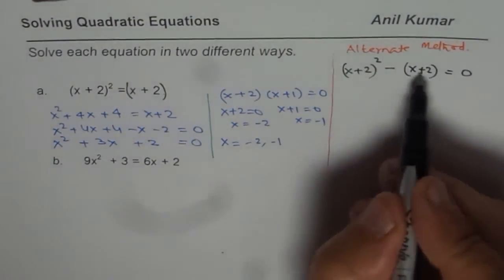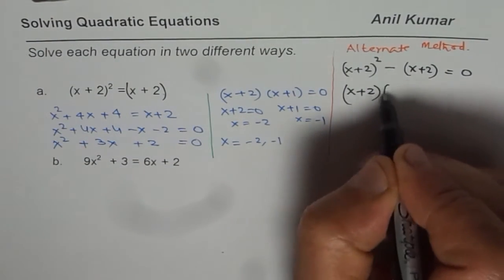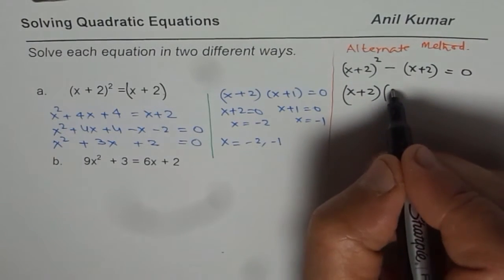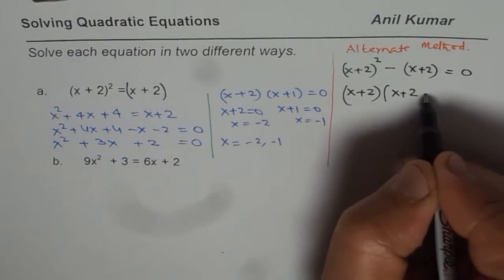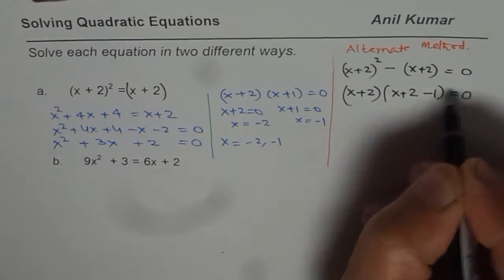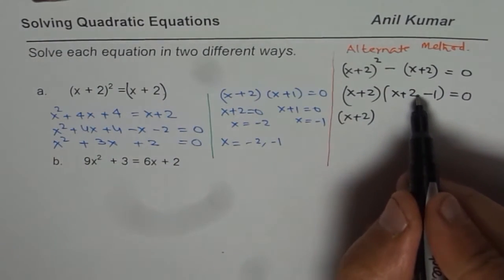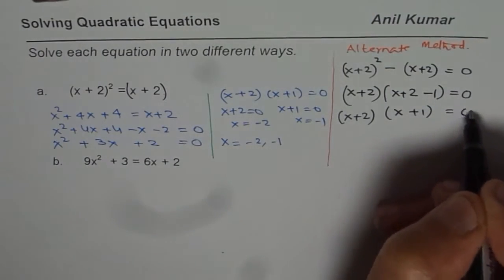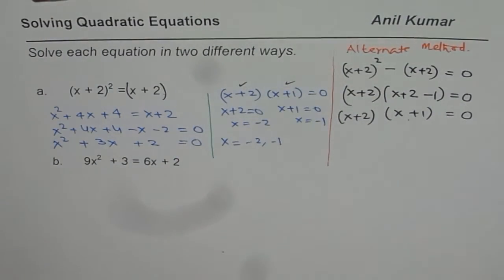Now we can take x + 2 common. If I take x + 2 common, I get x + 2 from here, this is (x + 2)(x + 2), and minus 1, since we have already factored this. So this could be written as (x + 2)(x + 2 − 1), and x + 2 − 1 is x + 1, equals 0. That is similar to our previous solution.